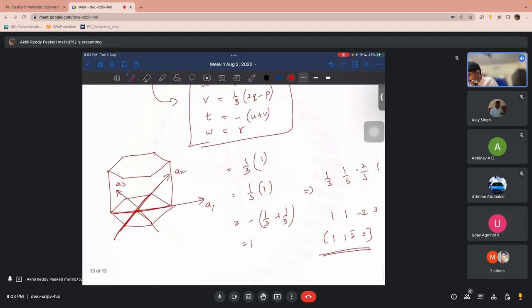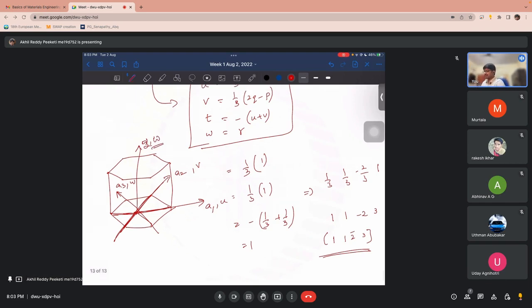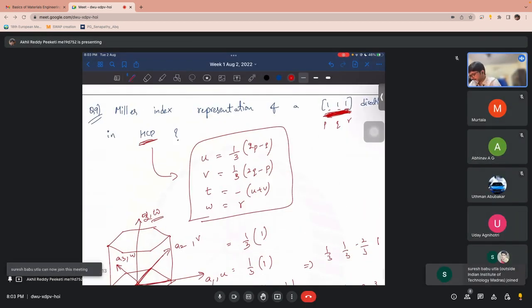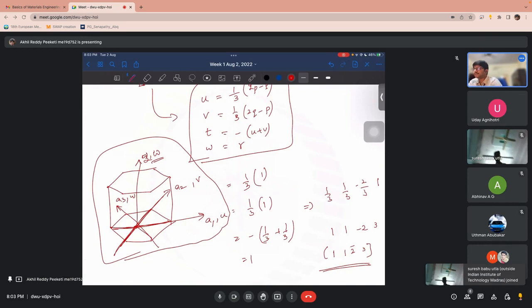So this UVT corresponds to these 3 and W will correspond to the Z. So if you have a Miller index in terms of 1, 1, 1, you can convert that to the HCP Miller index this way. So is this clear?